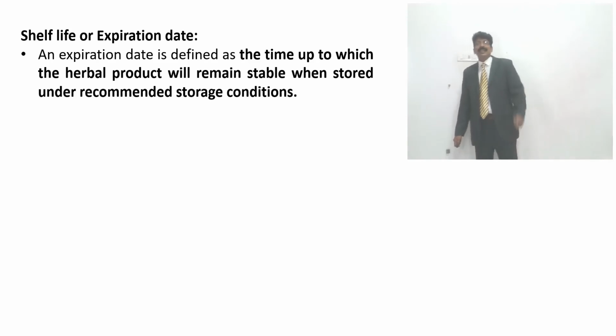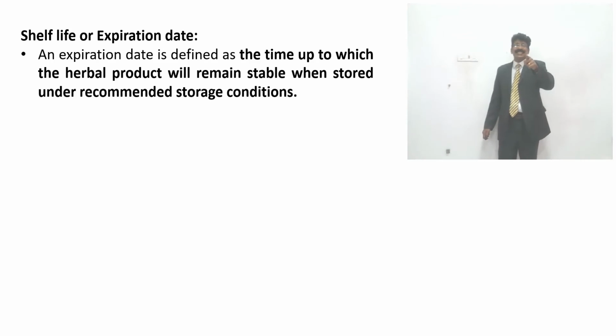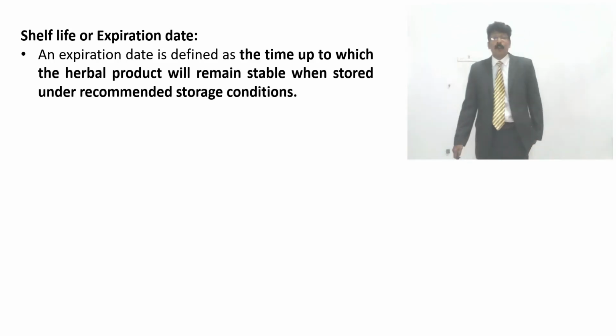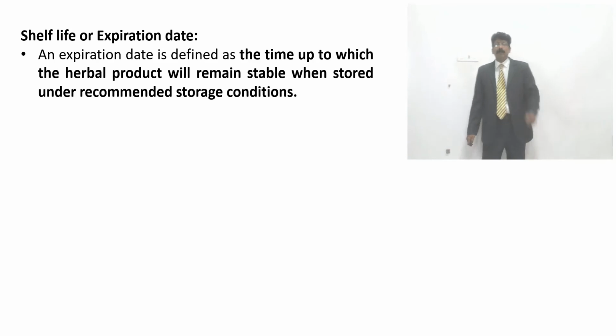If you follow that, that is the date we are telling. That is the time up to which the herbal product will remain stable when stored under recommended storage conditions.